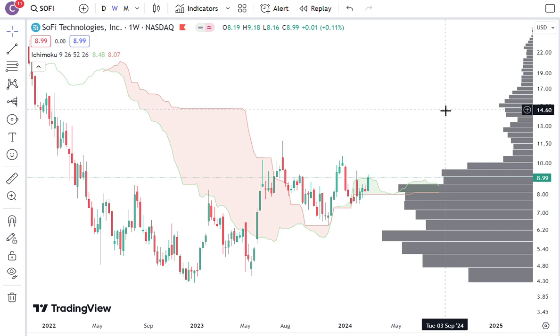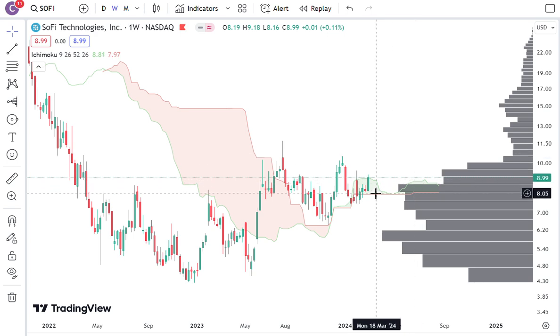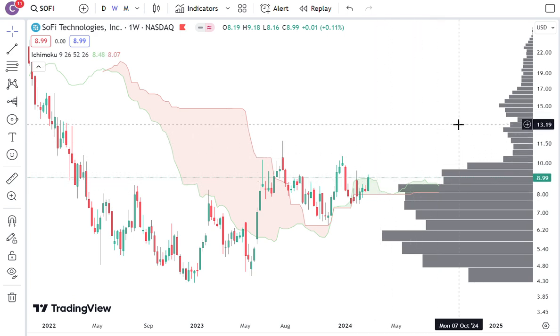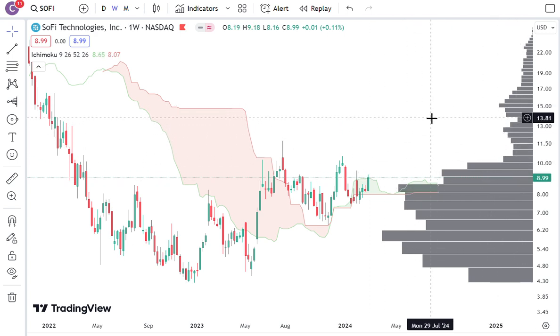And I think the next important volume shelf is maybe around here, maybe around 12 or 13 or so. But I really think that the bigger one is going to be up here, which at the bottom of that is going to be 14. I think price is going to have some pretty decent movement over here soon. And it might feel a little bit of short-term resistance right around these 12, 13 levels. But I think eventually it's going to hit 14.